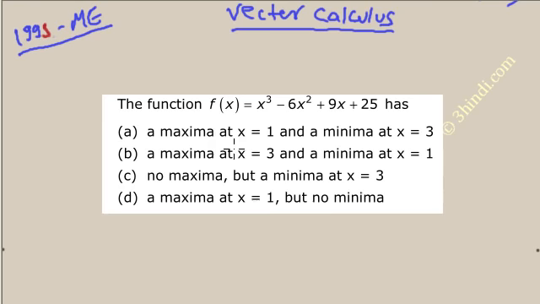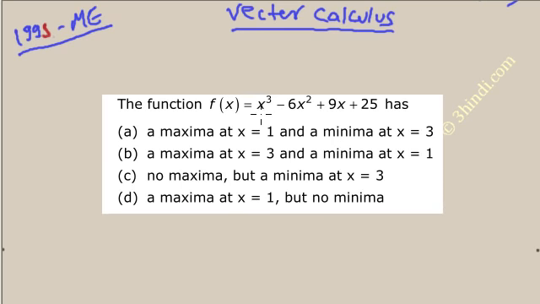This is another question. The function f(x) = x cube minus 6x square plus 9x plus 25 has maxima at 1, minima at 3; maxima at 3, minima at 1; no maxima but a minima at x equal to 3; a maxima at x but no minima. I have explained already in the video on maxima and minima how to find them.